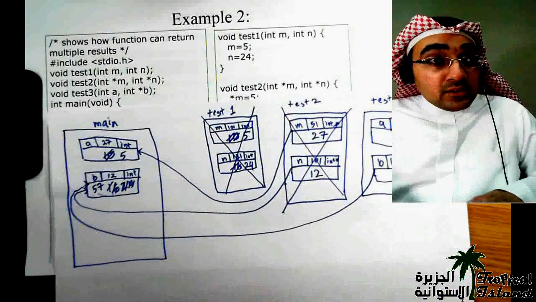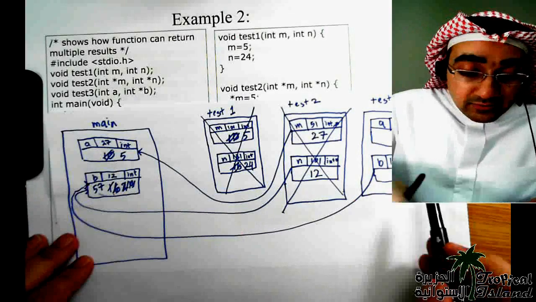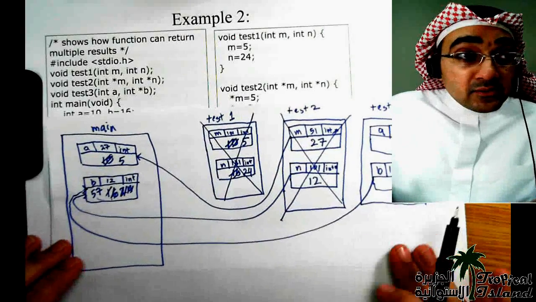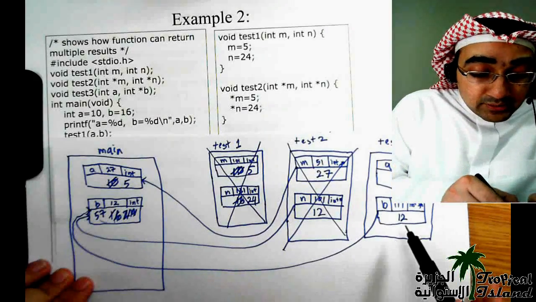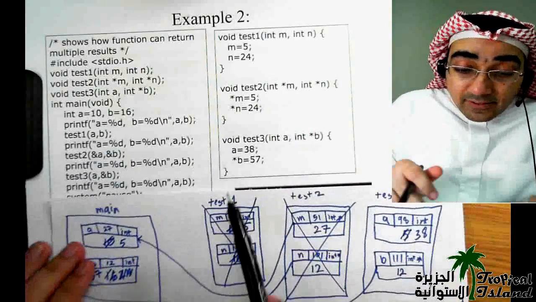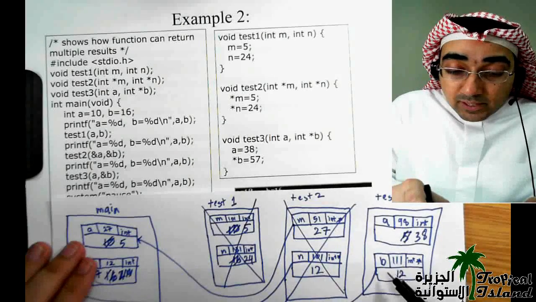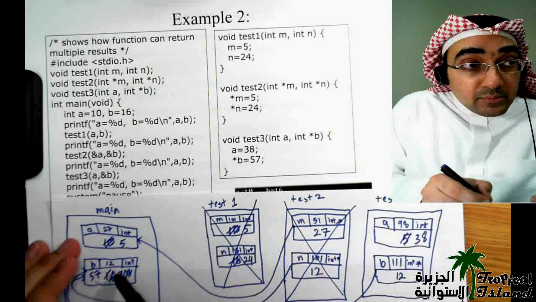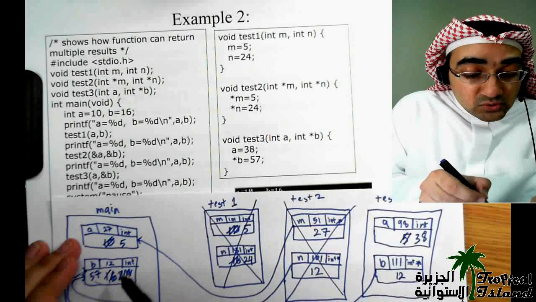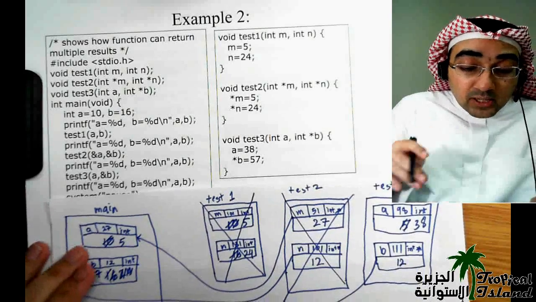Okay? So B is eventually pointing here, and this is pointing at 12. So I am actually going to 12 through B. So I say the value that is pointed by B is 57. So what is pointed by B? It is pointed by B over here, and I go and change whatever value is there. I delete the old value and I put 57 in it.